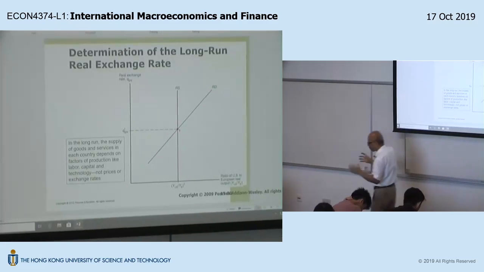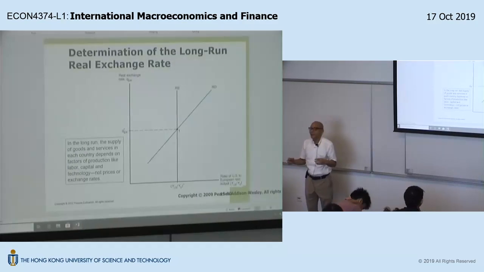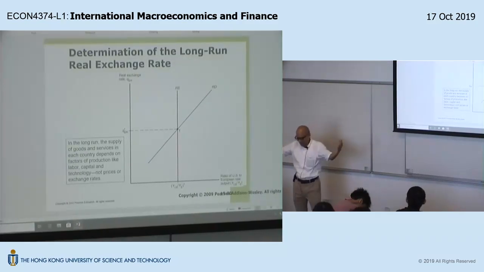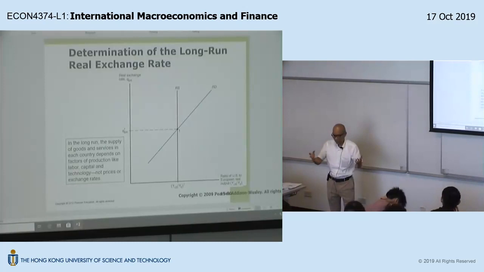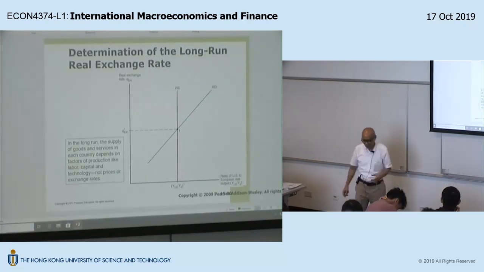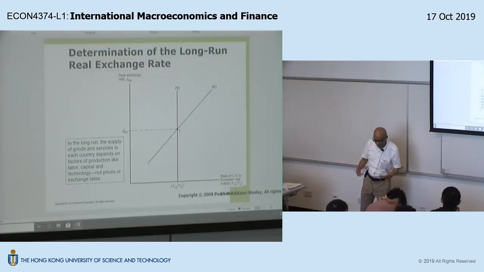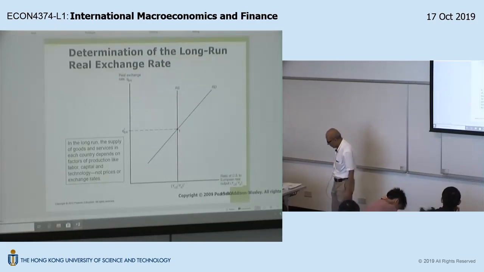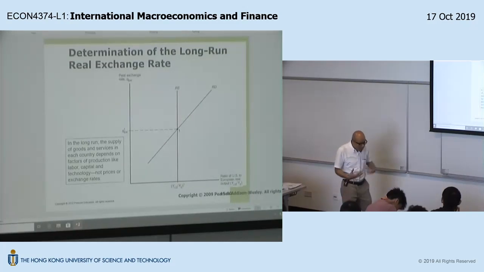So it's a little bit abstract, right? This is a quantity. You kind of think of this as there is a basket of goods produced by the U.S. and a basket of goods produced by Europe, and you evaluate them, all converted into real U.S. dollars.